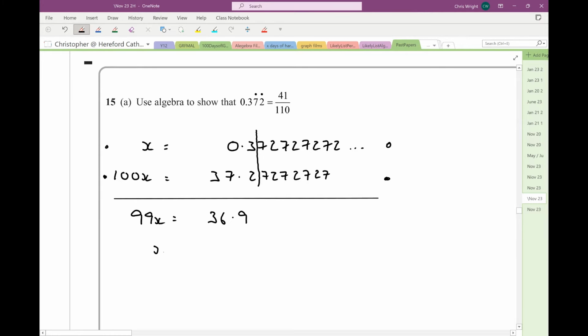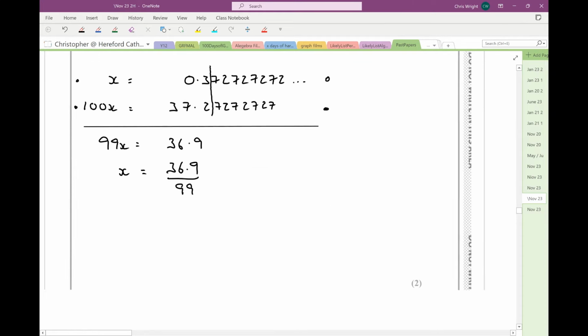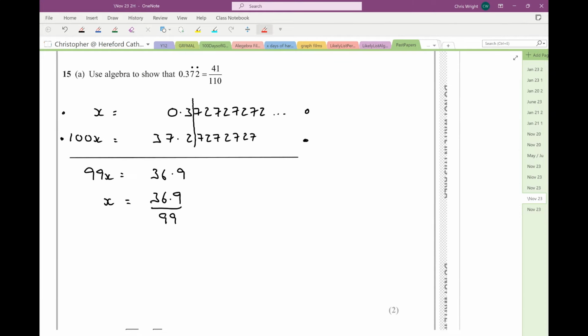So let's divide both sides by 99. x is 36.9 divided by 99. Now, that's not quite what they want. Look, they want that, don't they? Well, let's start by multiplying top and bottom by 10 to get rid of that decimal on the top. So now I've got 369 over 990.